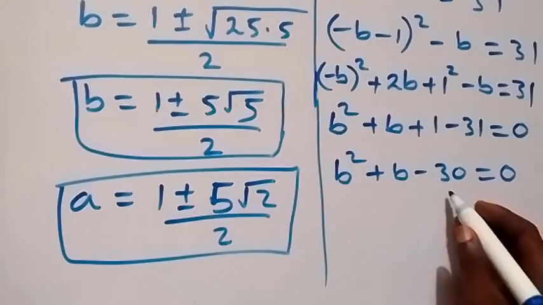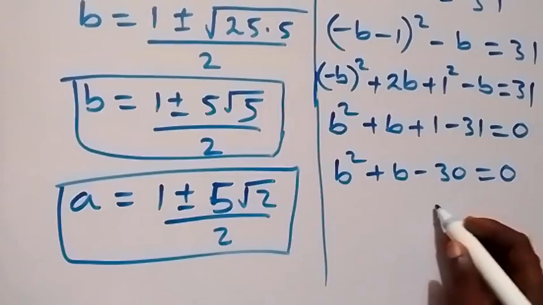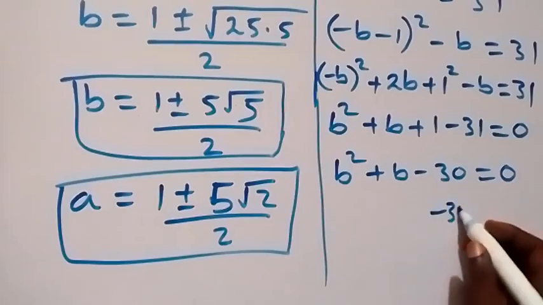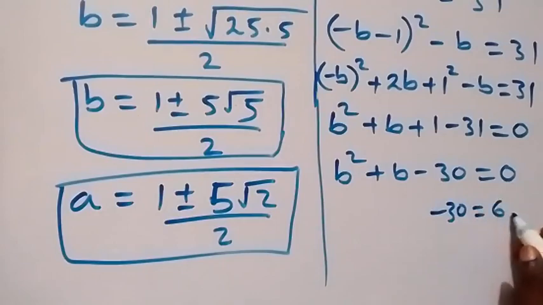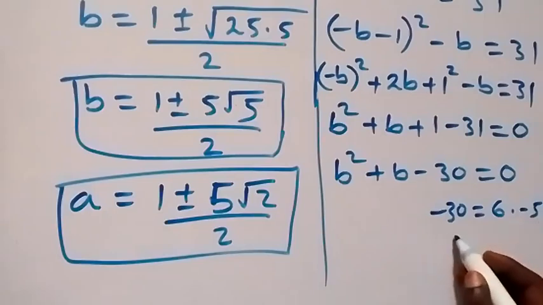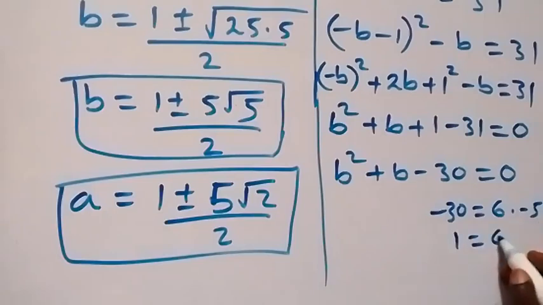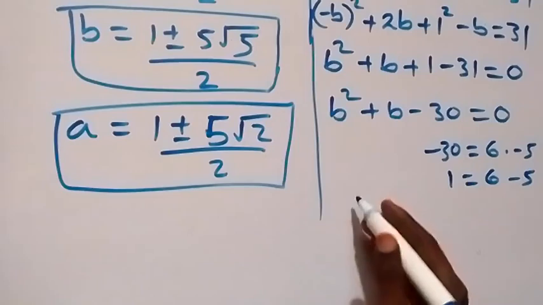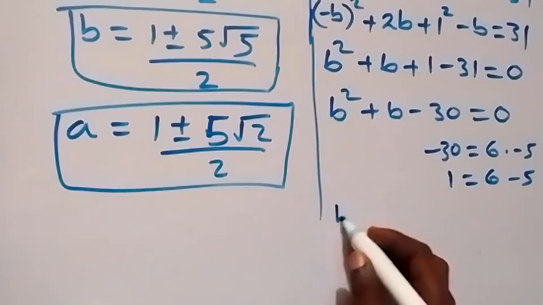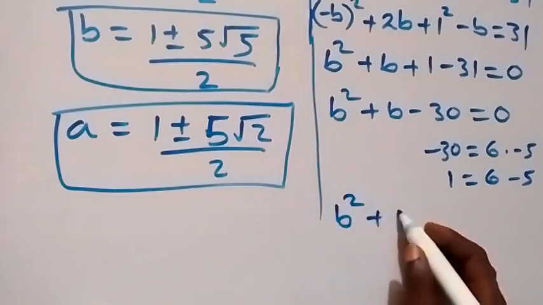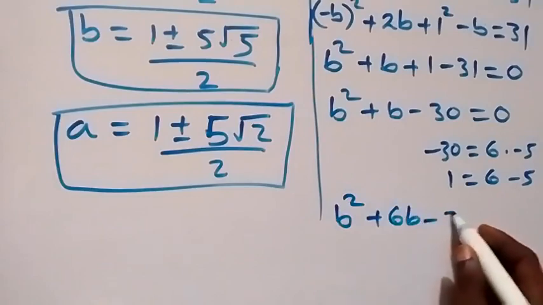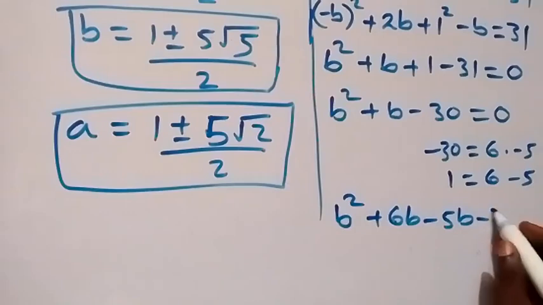Here we have the product of the roots, minus 30, which can be written as 6 times minus 5, and also the sum, which is 1, can be written as 6 minus 5. Then this quadratic equation becomes B squared plus 6B minus 5B, then minus 30 equals 0.